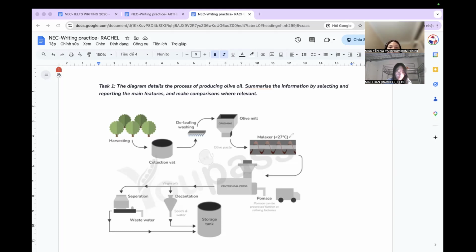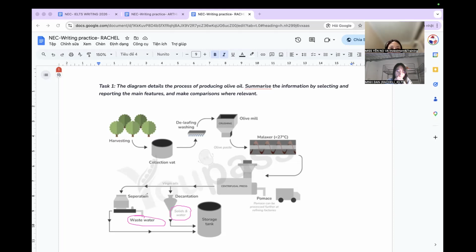After that, this olive paste will travel to the most important part of this process, the centrifugal press. At this part, the paste will be divided. We will divide the solid, the water and the wastewater in separation and decantation.